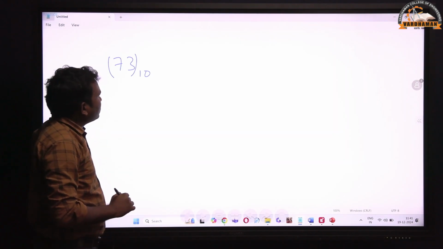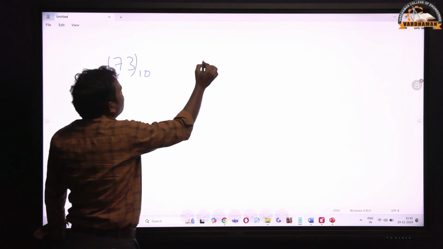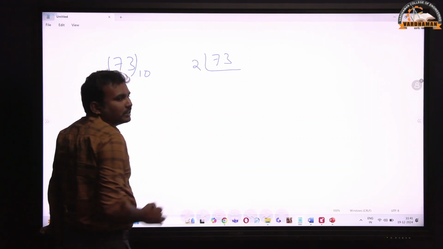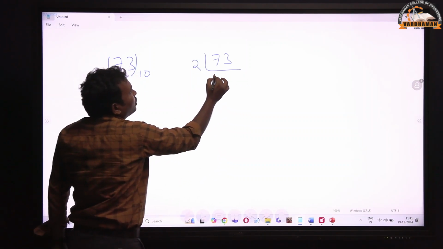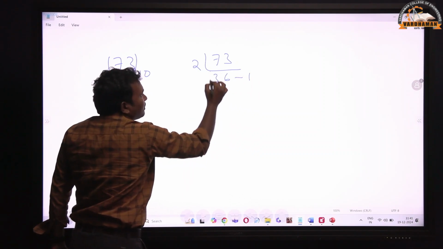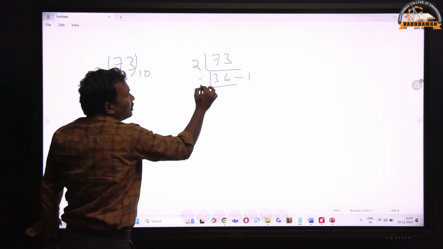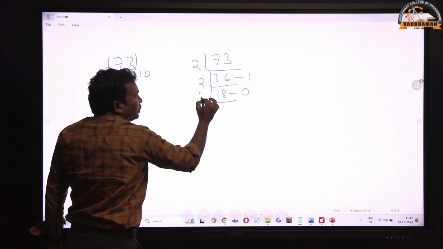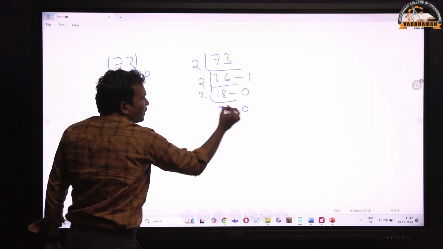You can do this in two ways. The first way is the simplest. Take 73 and divide by 2 repeatedly. 2 times 36 is 72, so the remainder is 1. Then 2 times 18 is 36, remainder 0. Then 2 times 9, remainder 0.